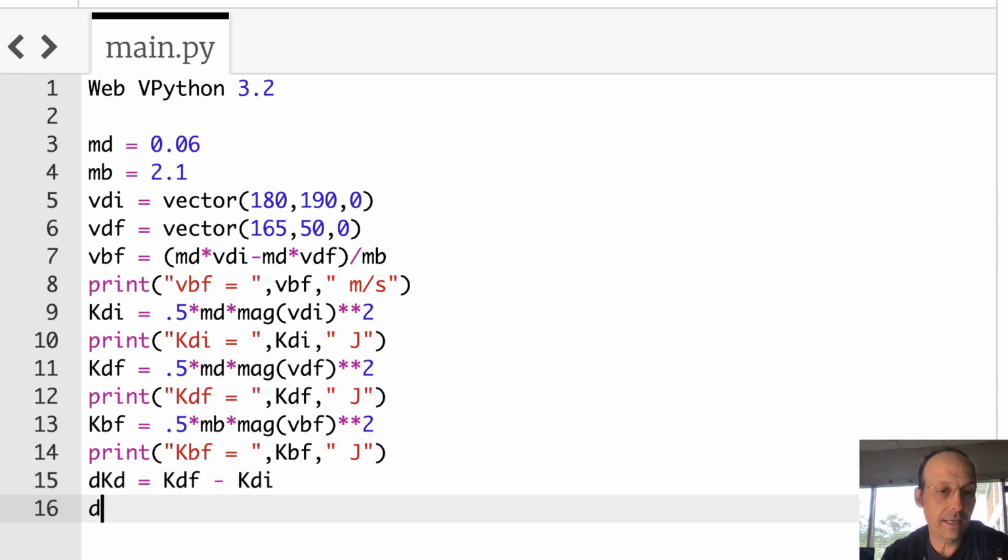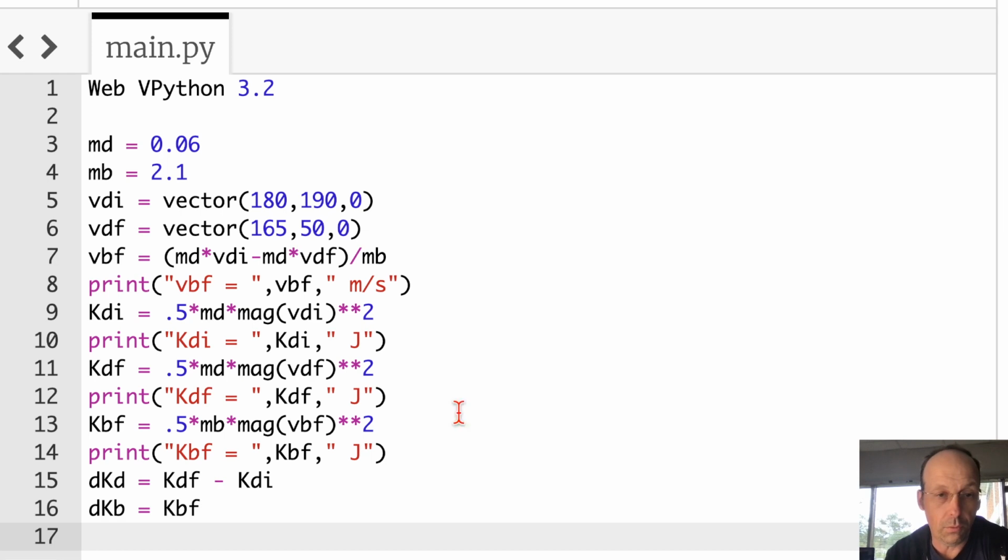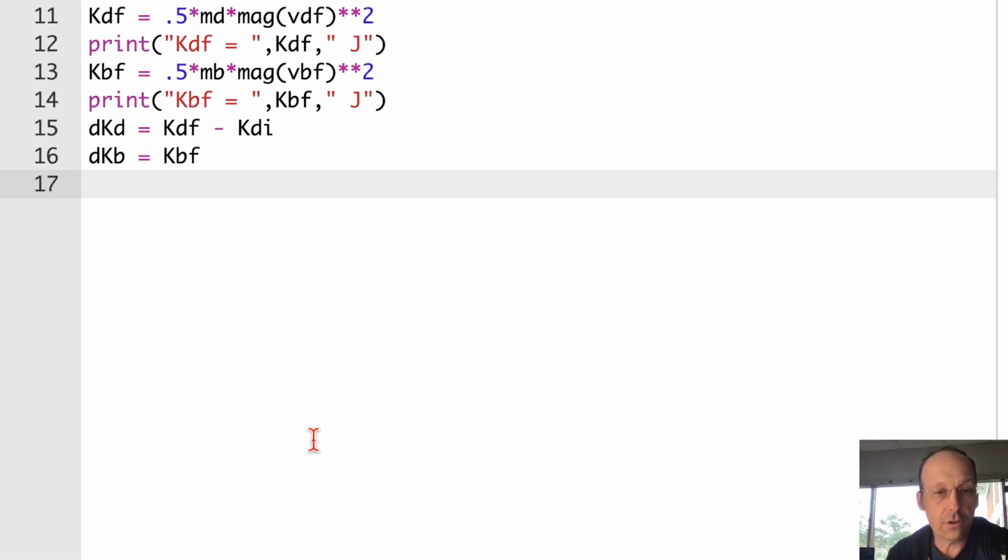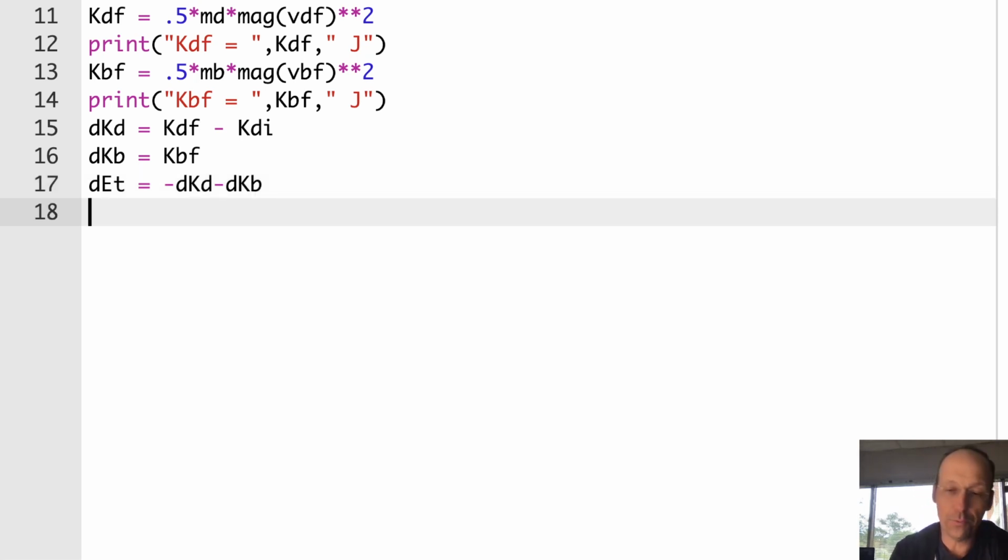And then dk block is k block final minus 0. And so now I can say dE thermal is going to be negative dkd minus dkb. That looks bad, but whatever.